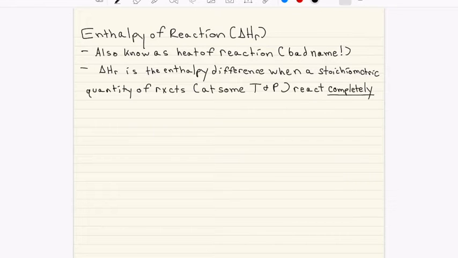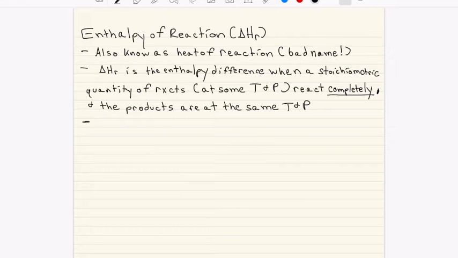And completely is a key word here, so I'm going to underline it. And so when these things react completely and the resulting products that form are also at the same temperature and pressure, at the same T and P. Okay? And so this is the formal definition of what the enthalpy of reaction is.